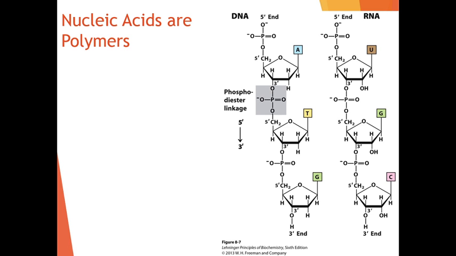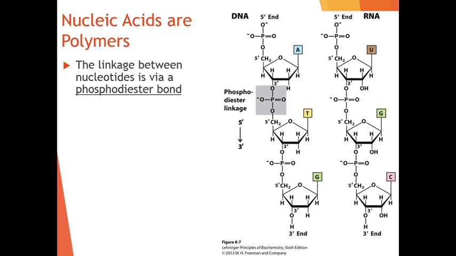Nucleic acids are polymers. The linkage between nucleotides is via a phosphodiester bond. For example, starting from the 5' end, this is the nucleobase, and this is the sugar, and this is the nucleotide.